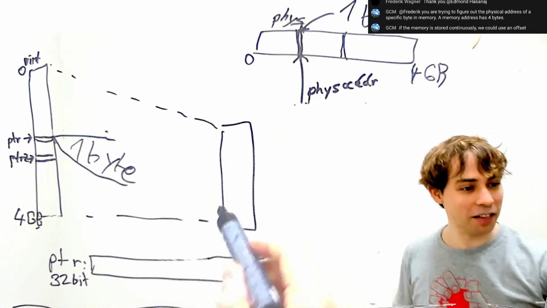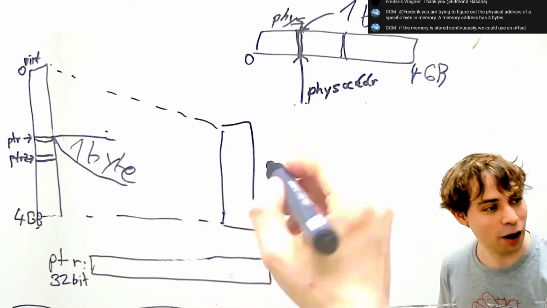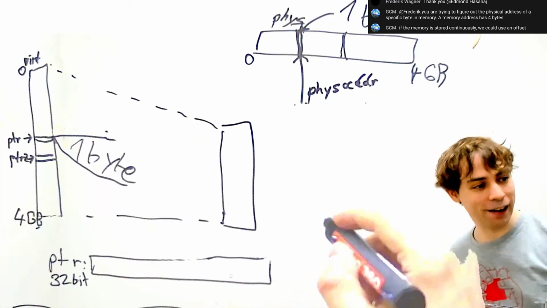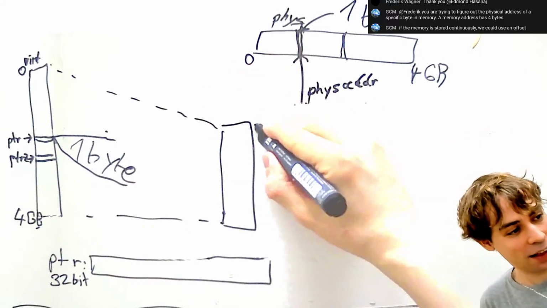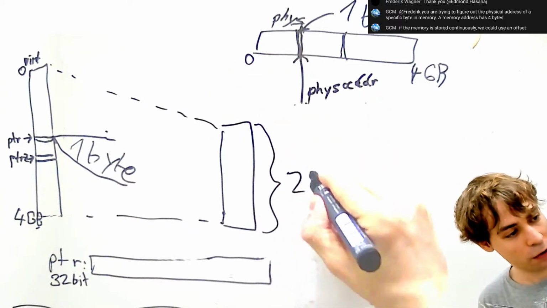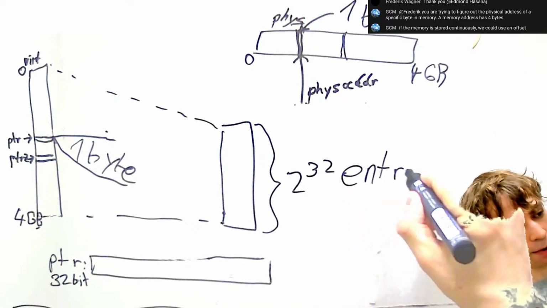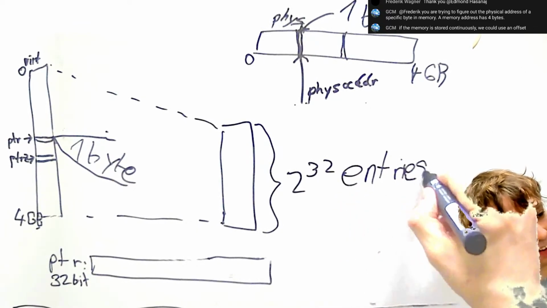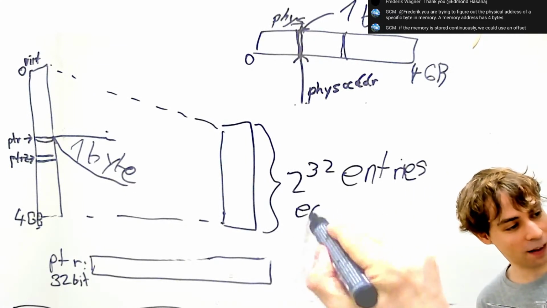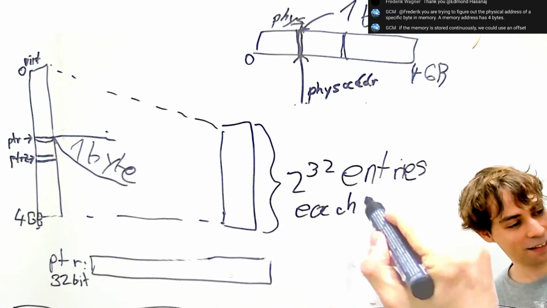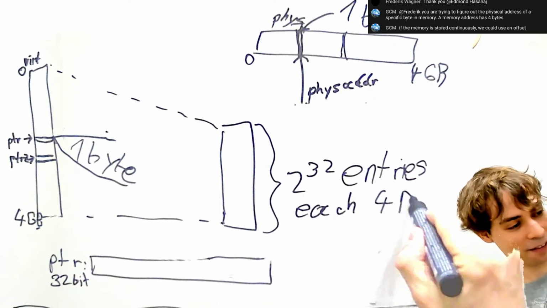Basically, this is just an array with how many entries? Well, 1 for every byte. So this array just has 2 to the 32 entries, because we need 1 entry per byte. And each of them is how large? 4 bytes.